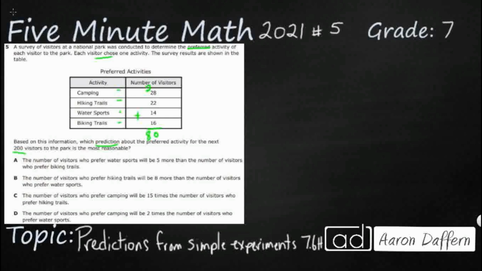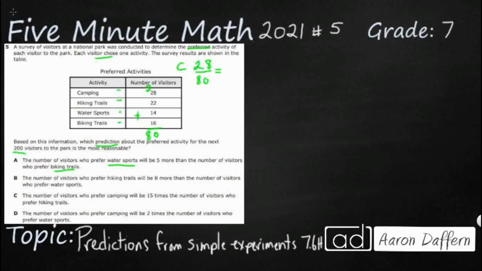We're going to need to find all of them, and there are two different ways that we can do this. First, we could make a proportion for each of these. So camping, I'll put a C right there, was 28 over 80.